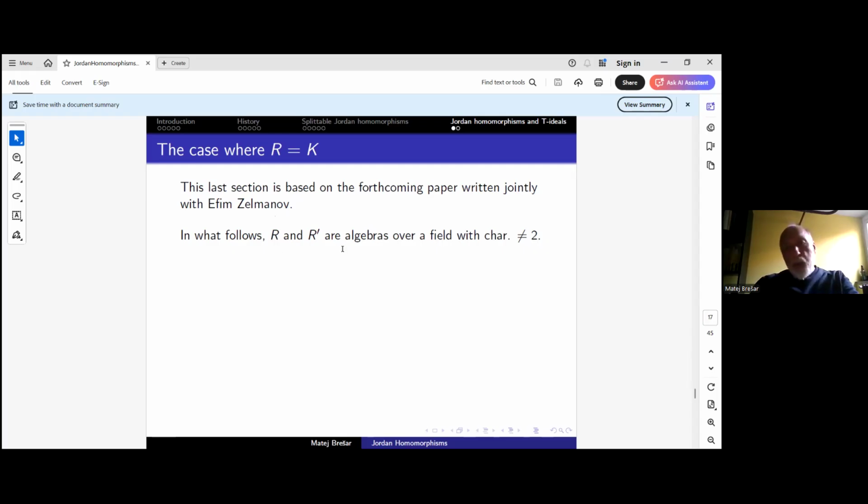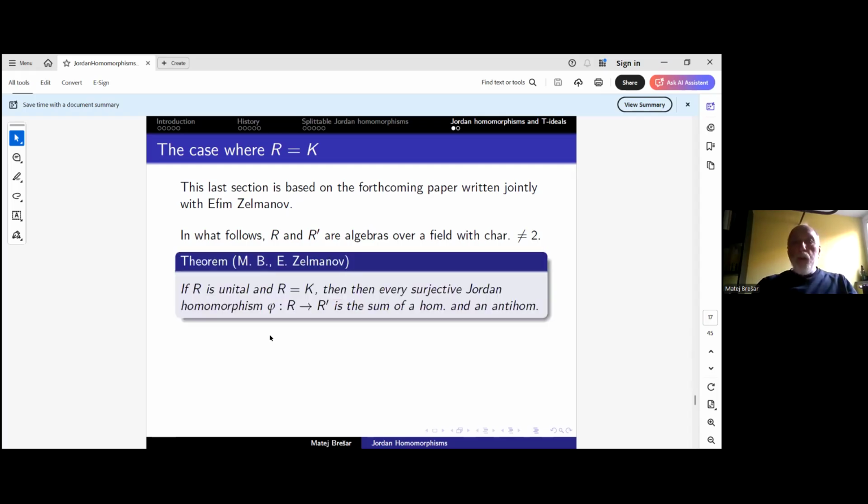Now I will assume again that we have algebras, not rings, and the fields should have characteristic not 2. Our first result states that if a unital ring coincides with its commutator ideal, then surjective Jordan homomorphisms are sums of homomorphisms and anti-homomorphisms.